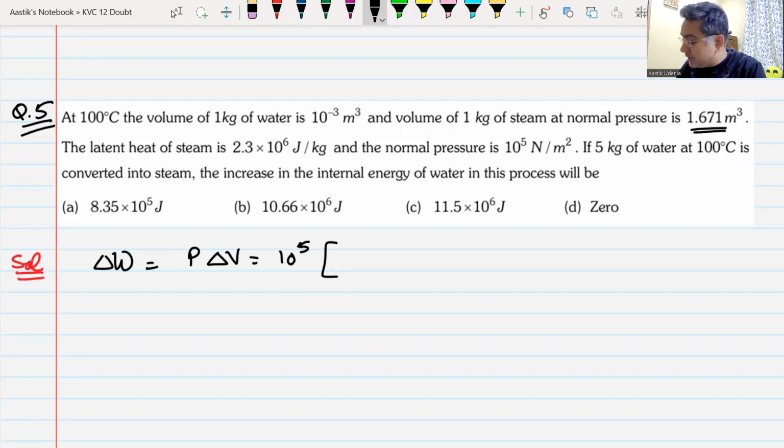The volume of steam here is 1.671 and the volume of 1 kg of water is 10 raised to the power of -3. I hope we understand this. Yes or no? And you have 5 kg of water.